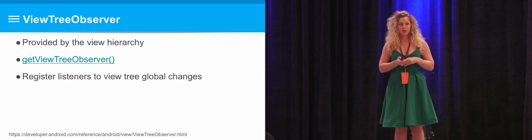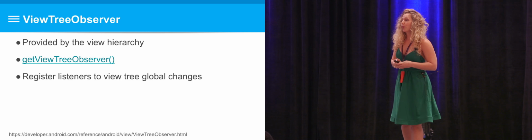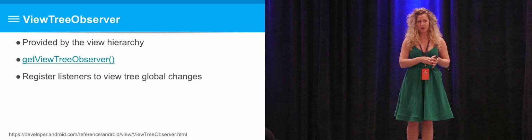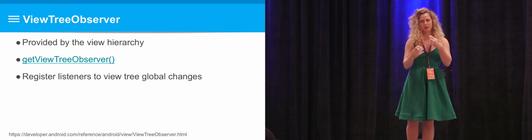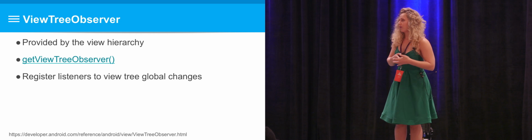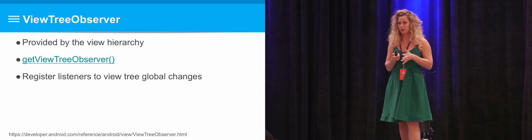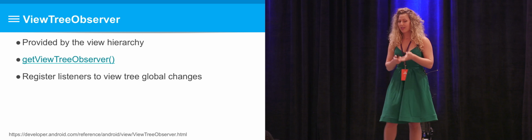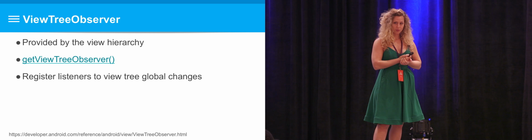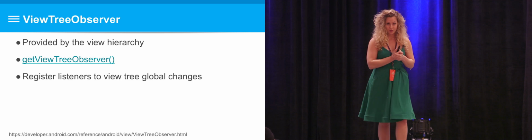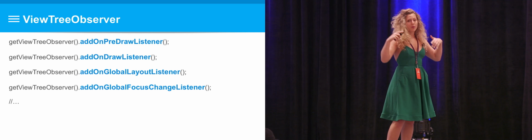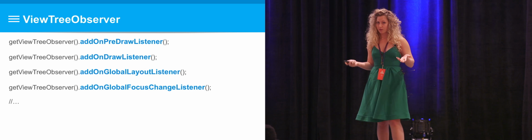We're going to use ViewTreeObserver, which is one class that we have per view hierarchy, so we never create it. It's not something we call new for. We use the getter for the view tree observer for a view hierarchy, and then we can attach listeners to this observer in order to know global changes on the view hierarchy.